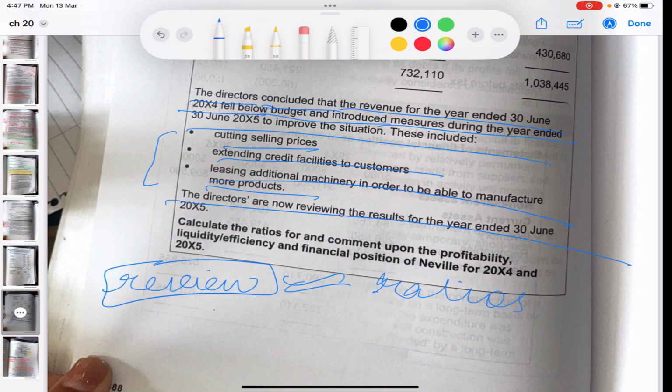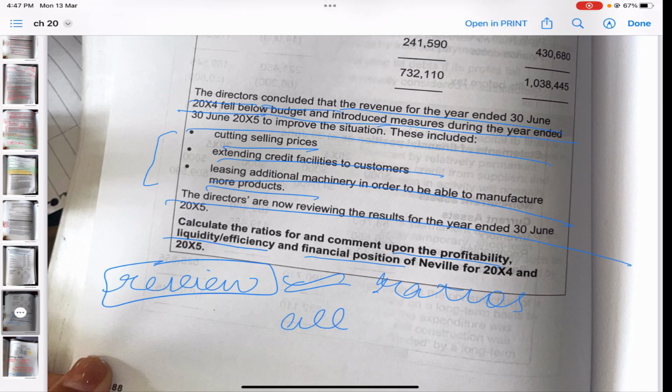You use the ratios to reevaluate the position of the business. Calculate the ratios and comment upon profitability, liquidity, efficiency, and financial position. So we need to calculate all the ratios. That's what they are saying. Start solving this quickly, then I will discuss.